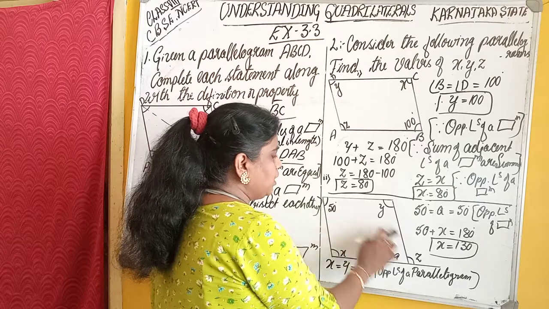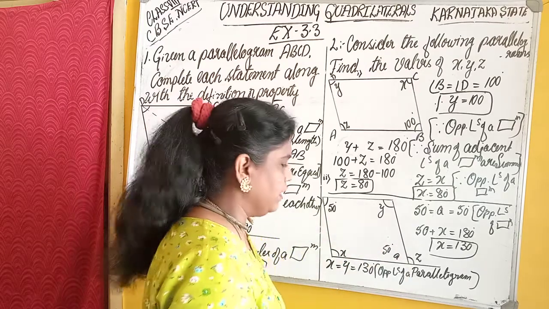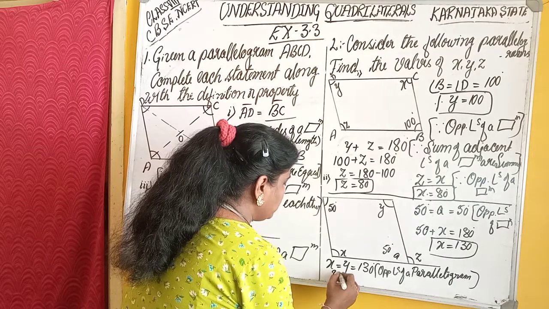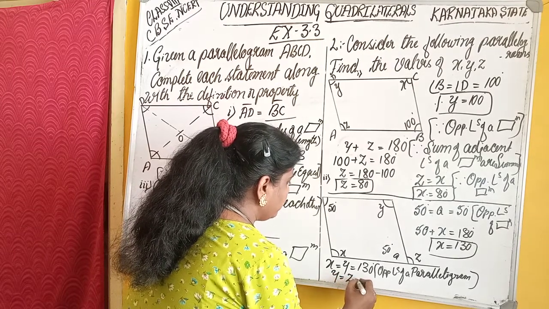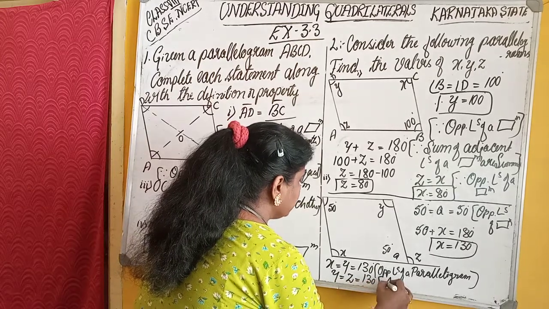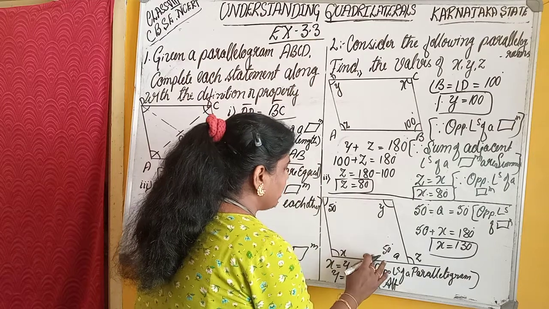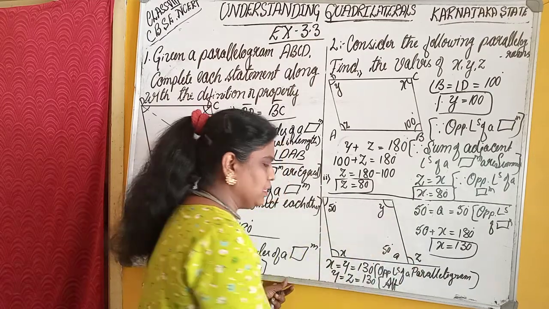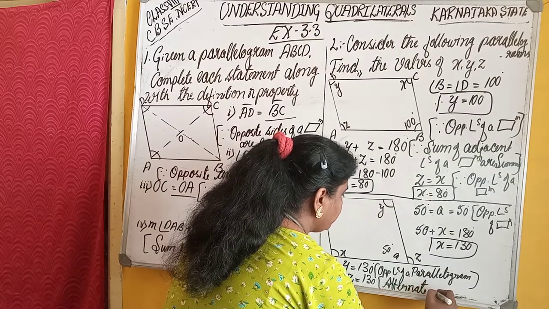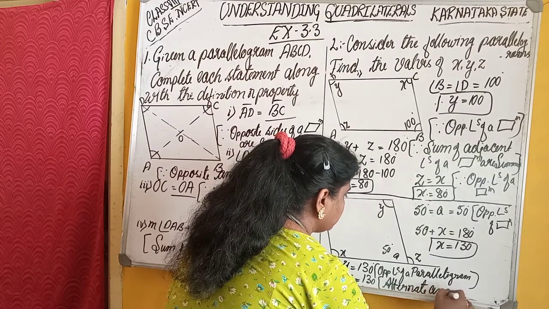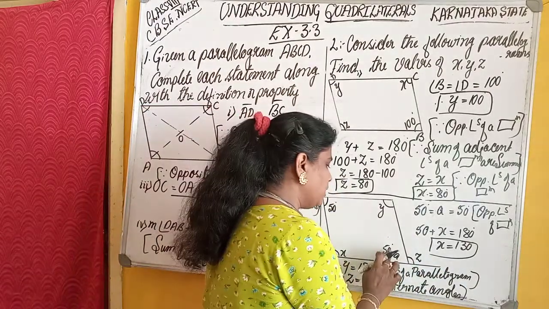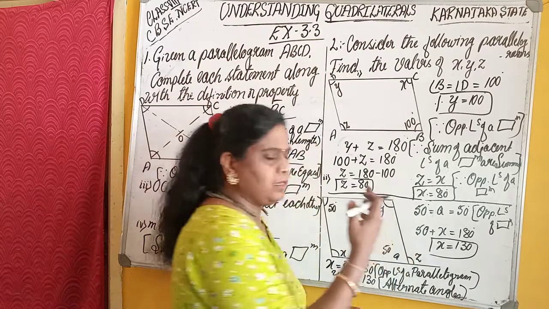Therefore, angle y is equal to angle z, that is equal to 130 degrees. We can use alternate angles because these two are parallel lines and it is a transversal. It is alternate angles.